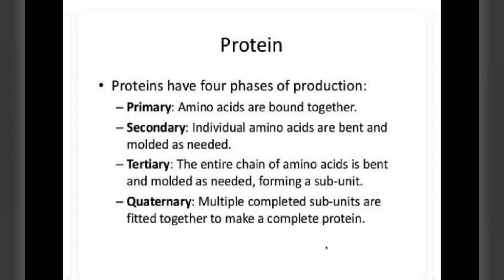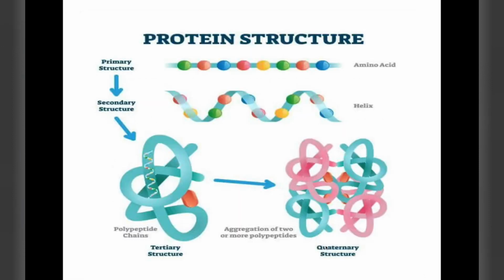Finally there is quaternary structure, where some proteins are made up of two or more polypeptide chains called subunits. Multiple completed subunits are fitted together to make a complete protein. So we have had a quick revision on the four levels of protein structure, and moving on to the structures we explained before.